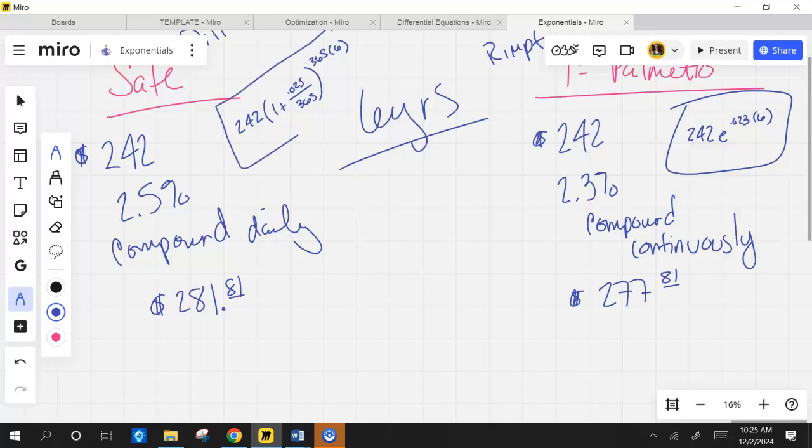This is the safe side. That's the button on your calculator beside the LN, above the LN. So second LN, right beside the 4.